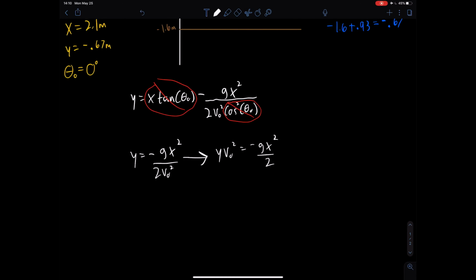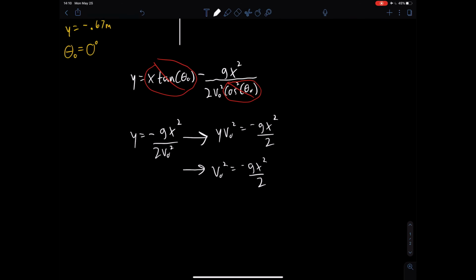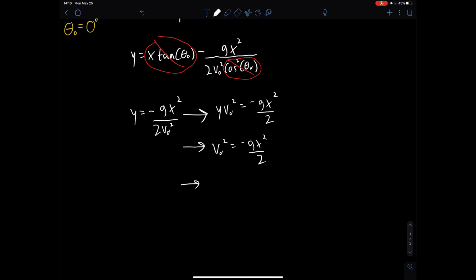Then I want to divide both sides by y, so I get v naught squared equals negative g x squared over 2y. And to get v naught, I want the square root. So v naught equals, we'll just be lazy, all of that underneath the square root. Oops, I forgot to put my y. We divided by y here, so this should be 2y right there.